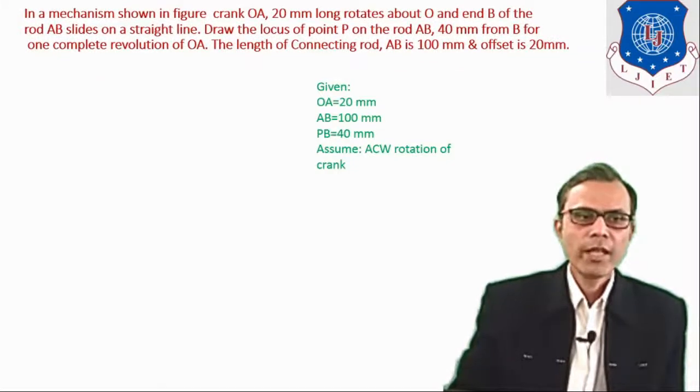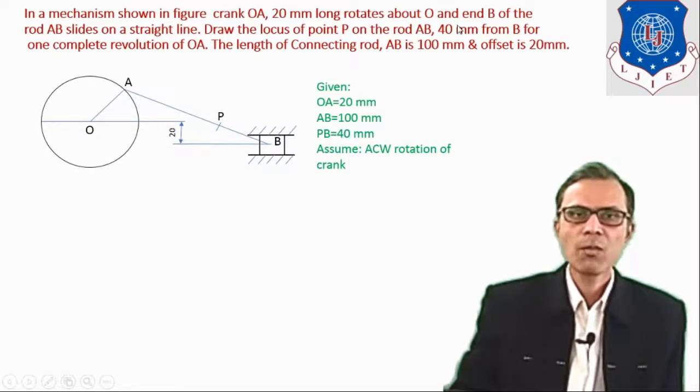Example: in a mechanism shown in figure, crank OA 20 mm long rotates about O, and B of the rod AB slides on a straight line. Draw the locus of point P on the rod AB 40 mm from B for one complete revolution of OA. The length of connecting rod AB is 100 mm and offset is 20 mm.